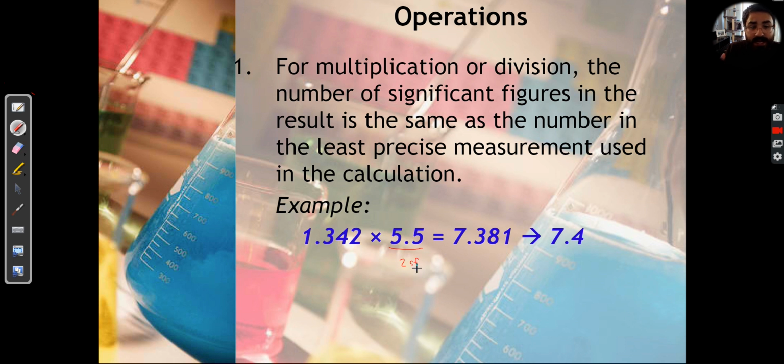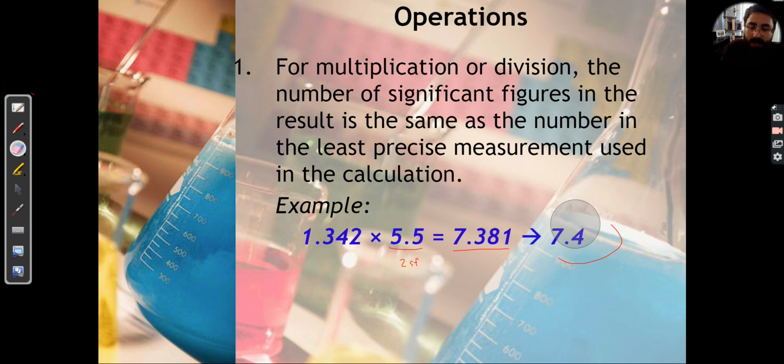This is the least precise value, and that's what determines how many you have at the end. So since you only have 2 significant figures, our final answer must have 2 significant figures.